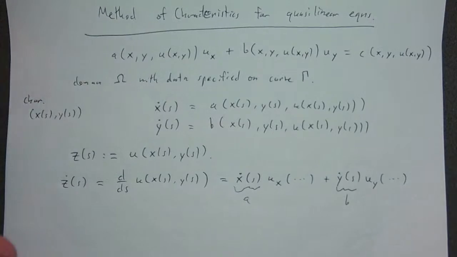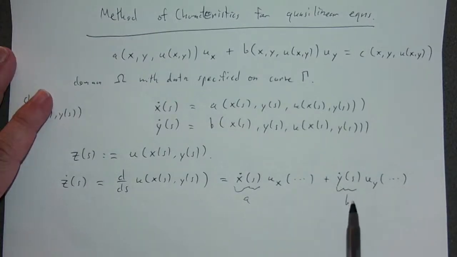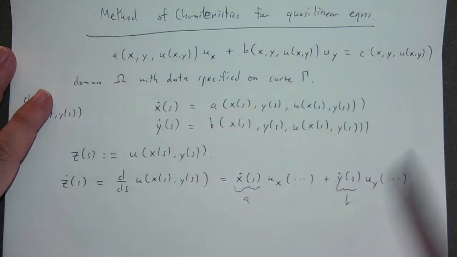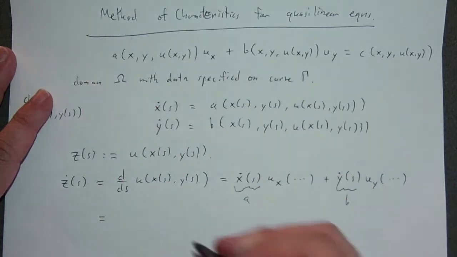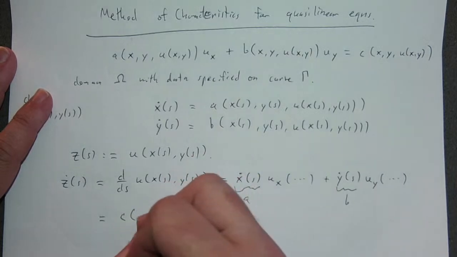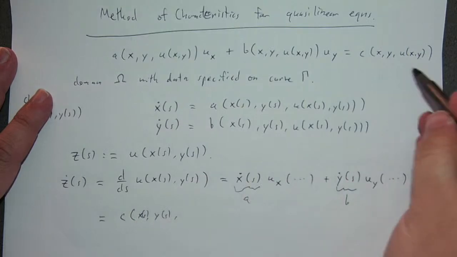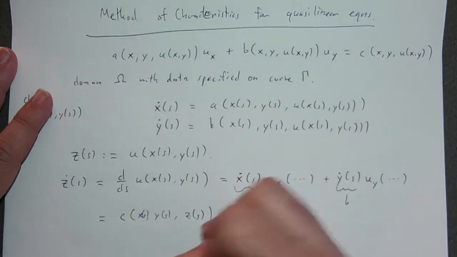So then this is a u sub x plus b u sub y, which, if this satisfies this PDE, has to be equal to c(x(s), y(s), u), which is z of s, right?